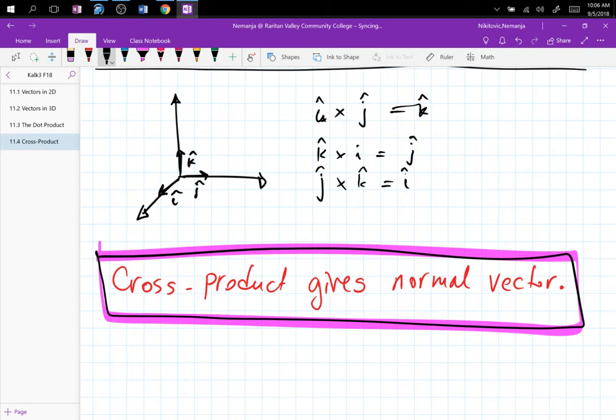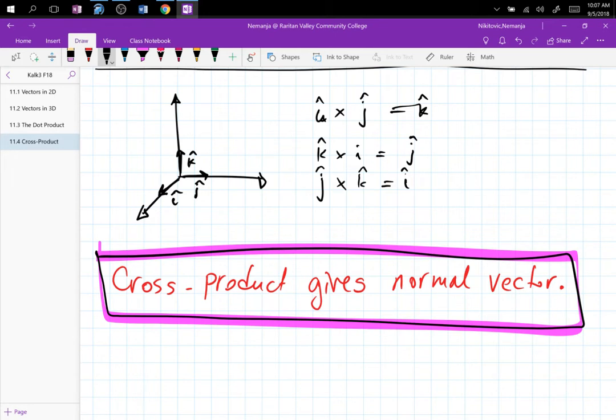When you cross i with j, you get vector k. Observe that these two create the plane, which is your floor, and here's your z-axis, which is k.